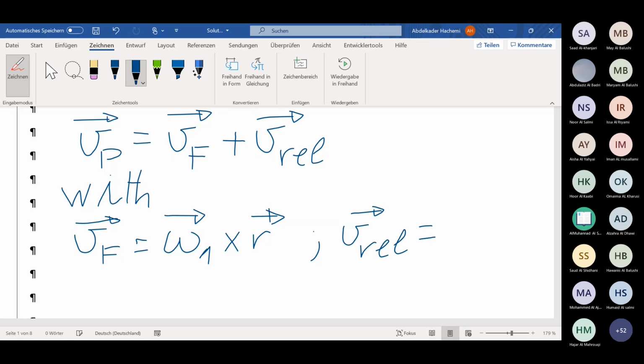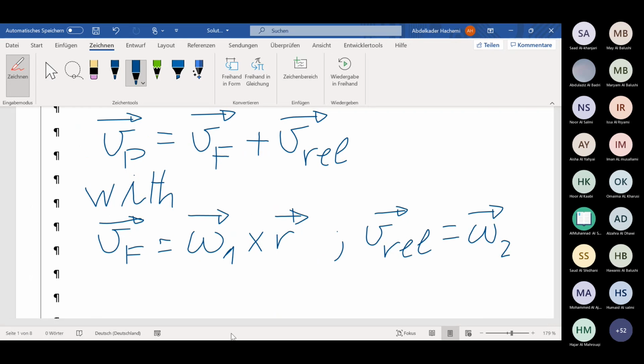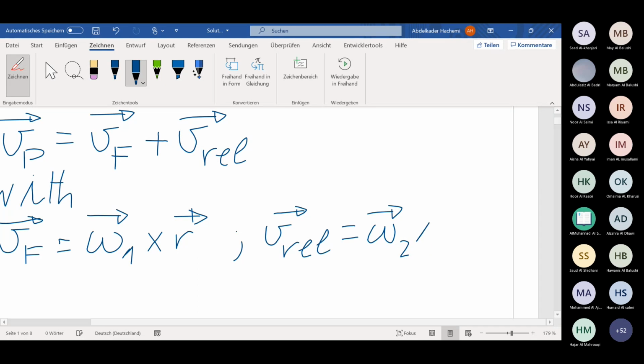This is equal to omega 2 cross R2. Okay.